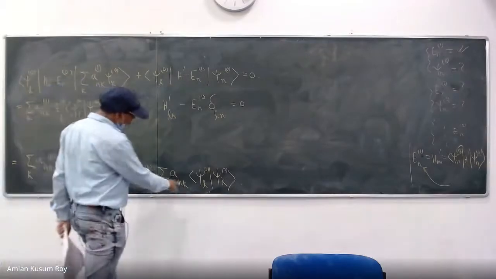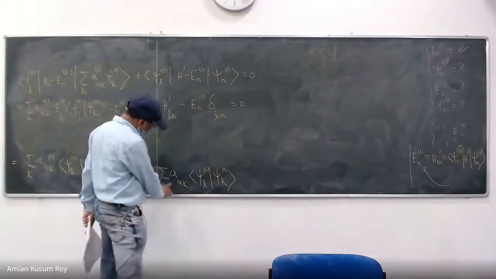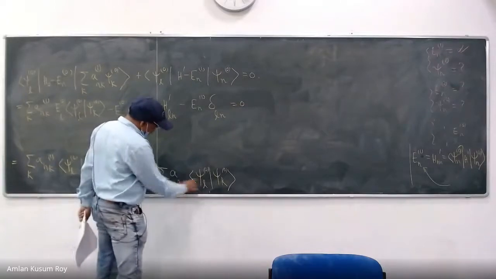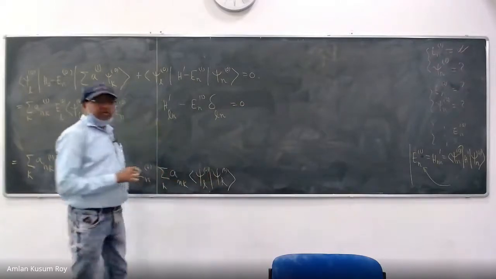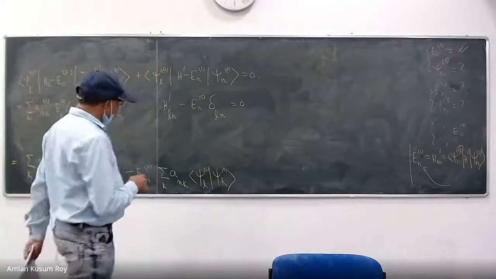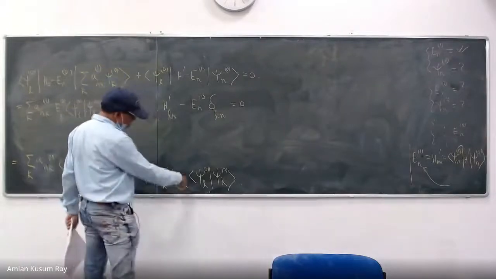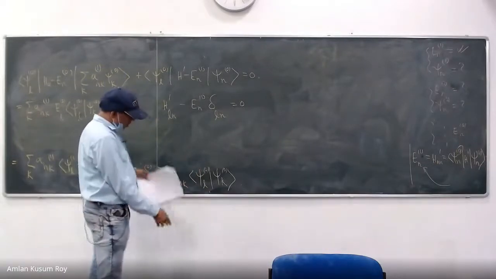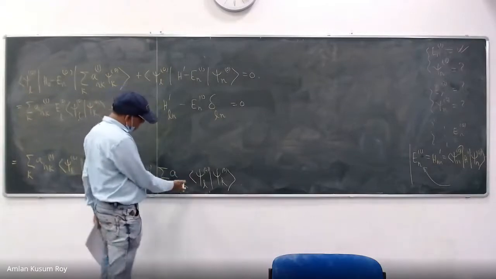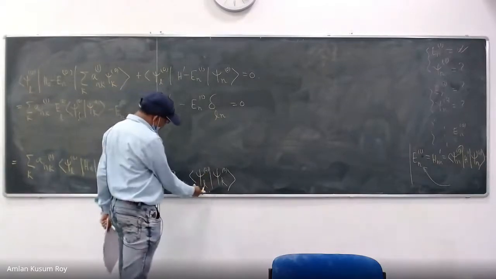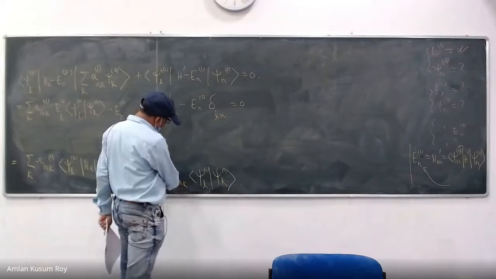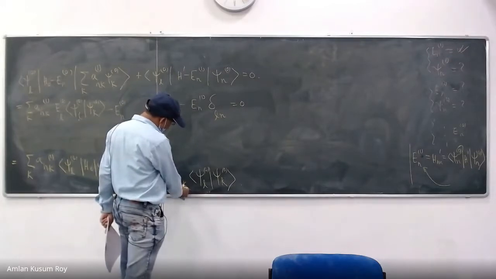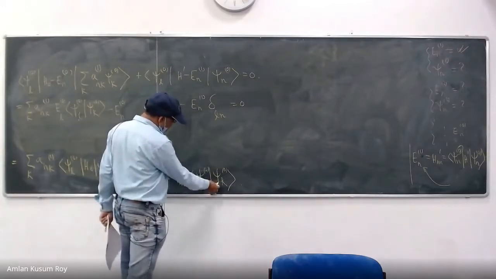En0, and what happens to this? So when K is equal to L, only this survives, right? The rest, all the terms will vanish because of the Kronecker delta. So that will give you only one term, ANL psi L0 psi L0, which is 1.